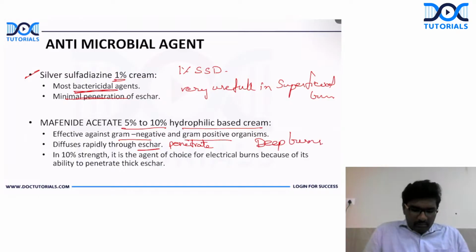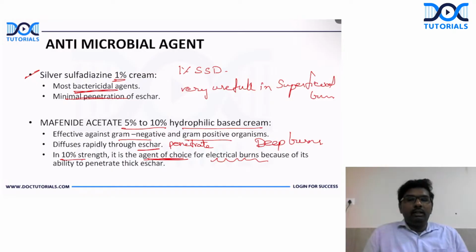And 10% mafenide acetate is the agent of choice for electrical burns because of its ability to penetrate the eschar.